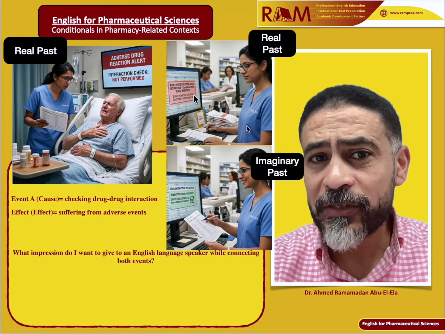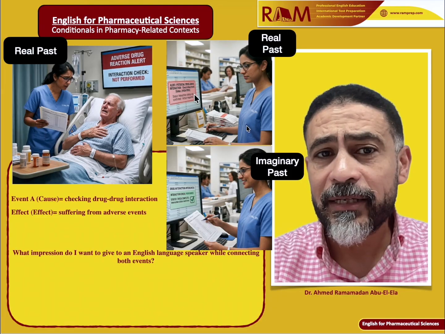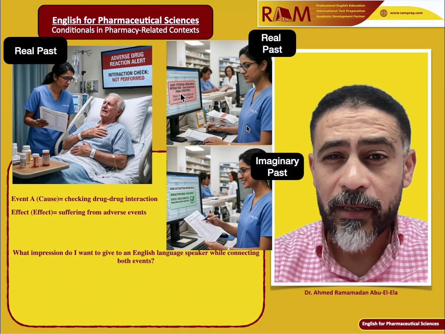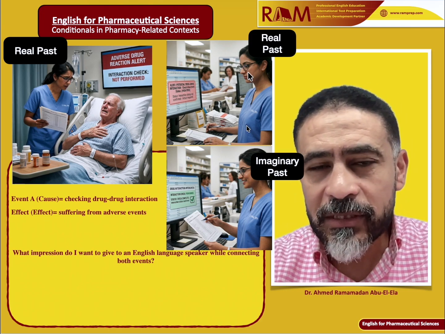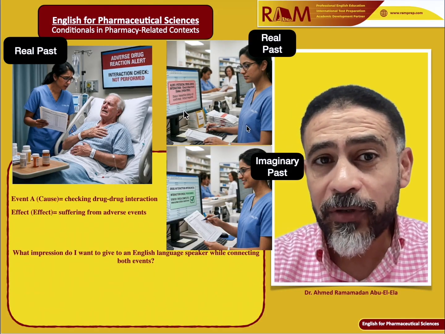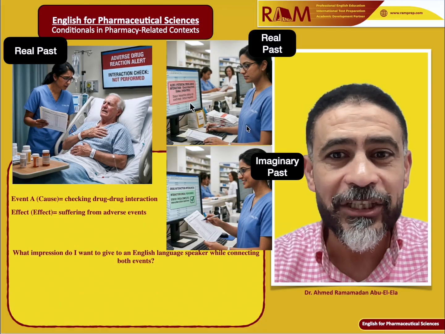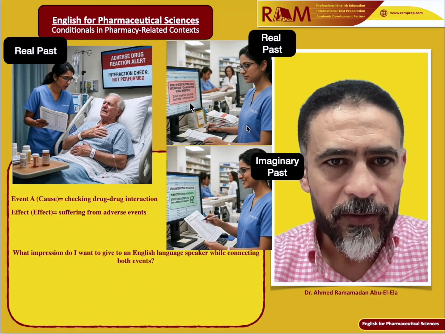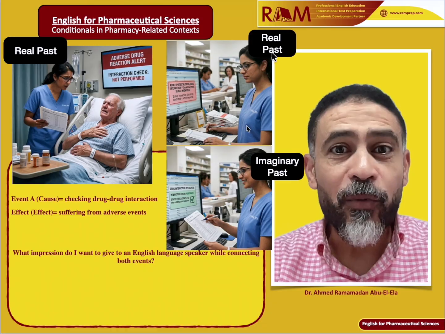We can see on the screen that there were adverse events linked to drug-drug interaction. It seems that this pharmacist was checking the computer, and the computer told her that there are adverse events, and she didn't check the adverse events linked to the drug-drug interaction. That was real in the past.